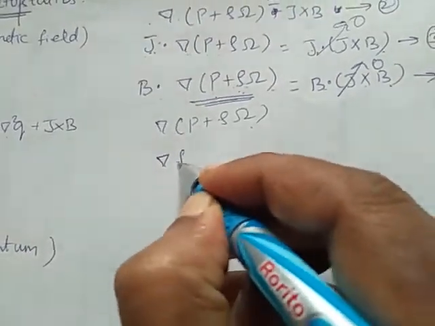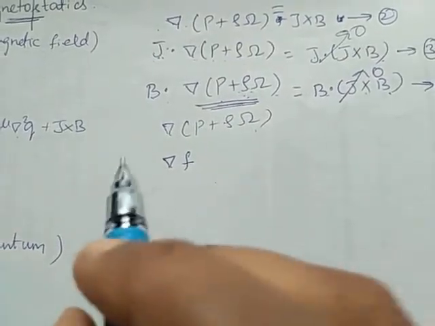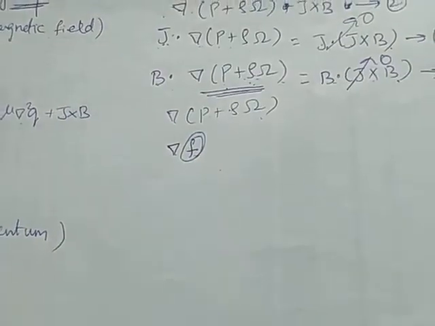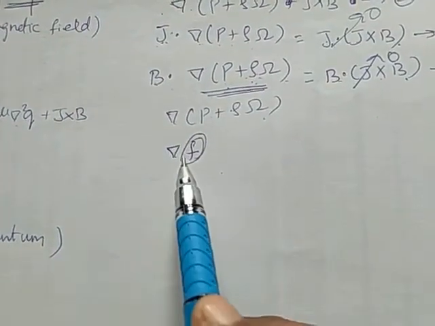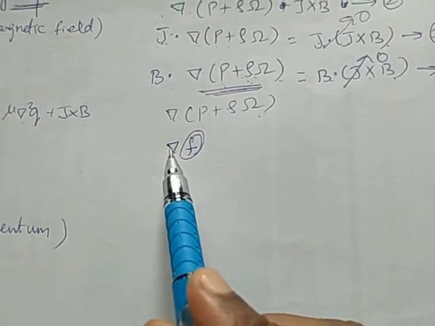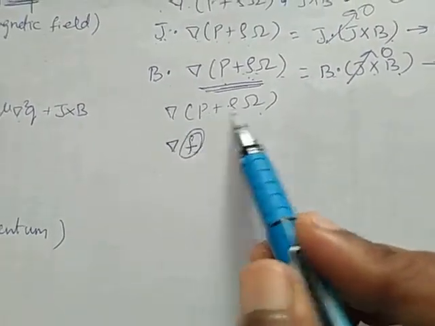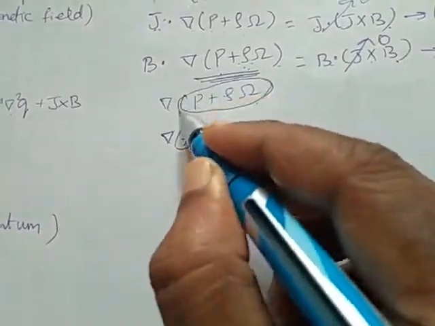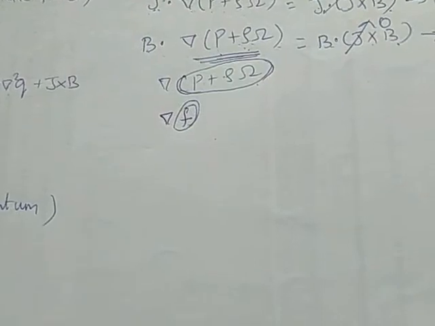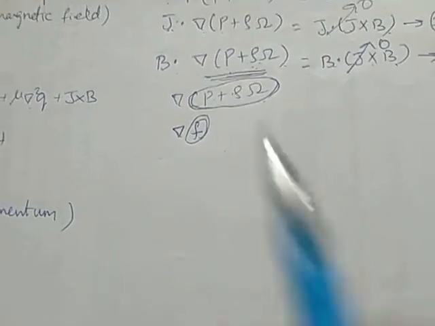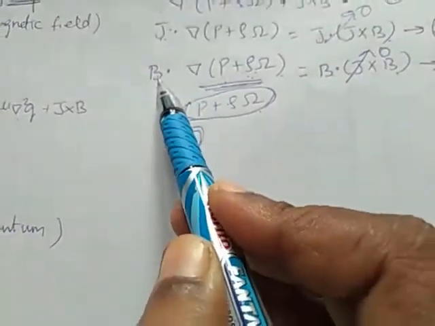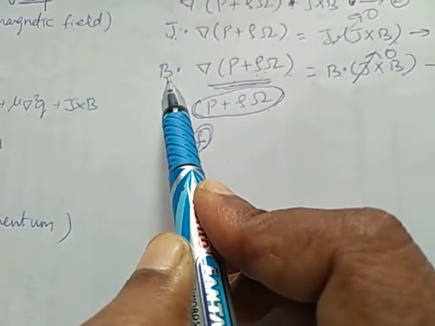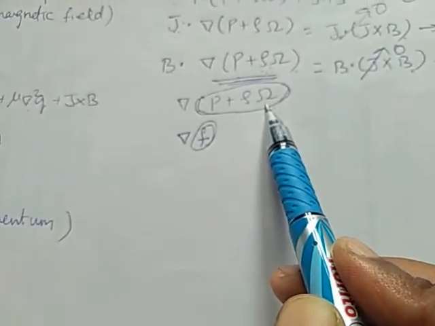If we have del of F, this is a vector normal to the surface F. So from the geometrical meaning of the gradient of a scalar function, we conclude that del of (P plus rho omega) is a vector normal to the surface P plus rho omega. Thus, it follows that the current line J and magnetic field line lie on the surface P plus rho omega.